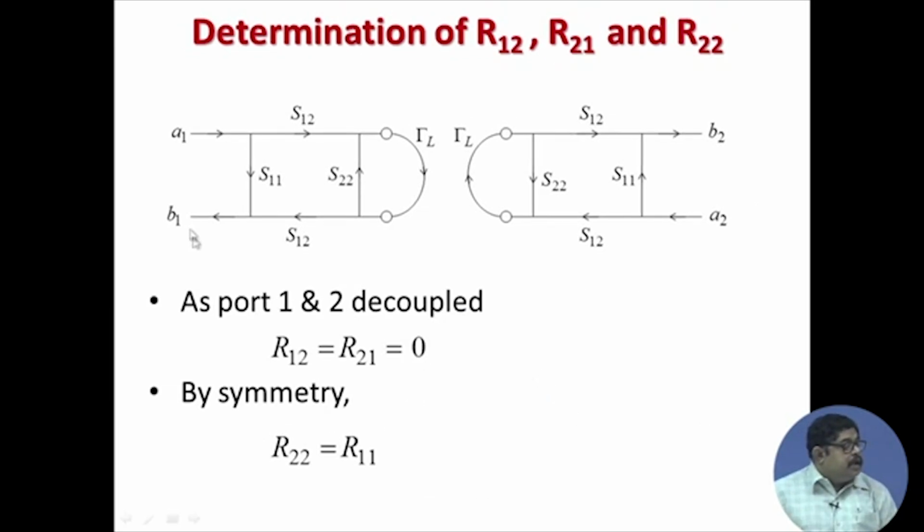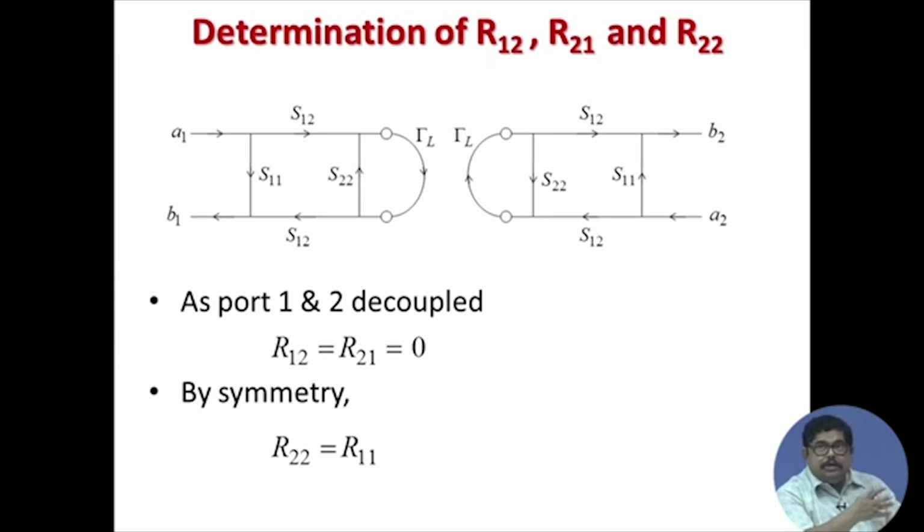Then as ports 1 and 2 are decoupled, obviously we can say R12 and R21 are 0, because the signal flow graph itself is cut. So, no signal can come from 1 to 2 or 2 to 1. So, R12 and R21 will be 0 and the whole thing is symmetric. So, you can say R22 is R11.